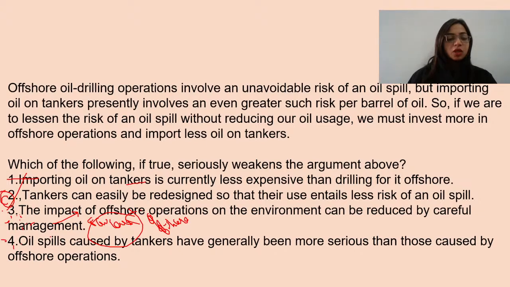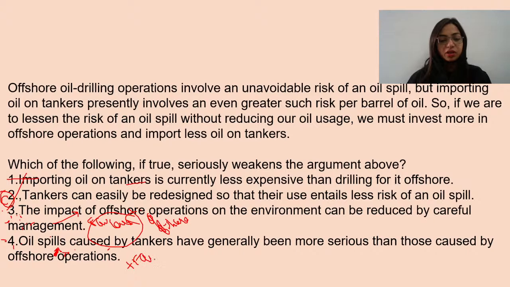Comes four. Four says that oil spills caused by tankers have generally been more serious than those caused by offshore operations. This is again in favor, but we have to counter the argument.